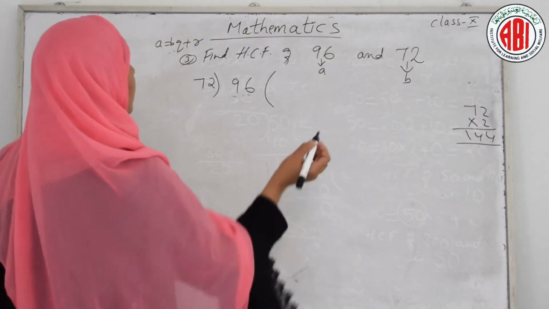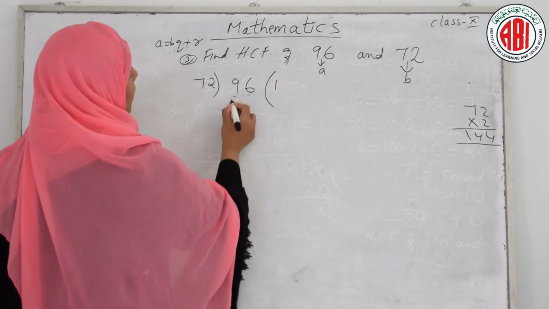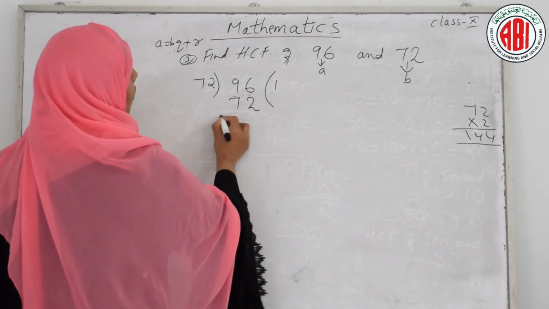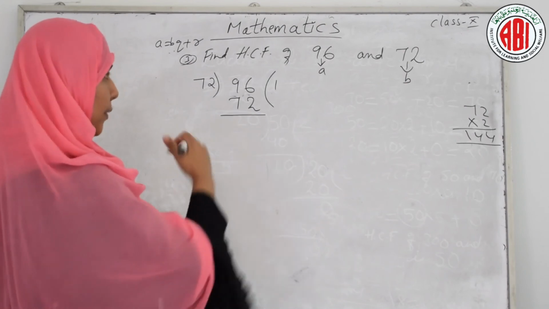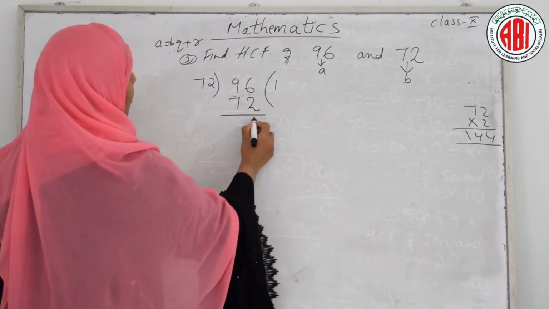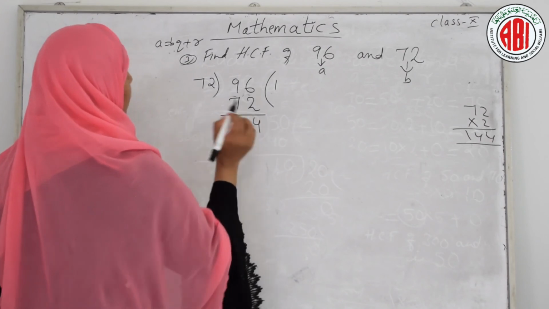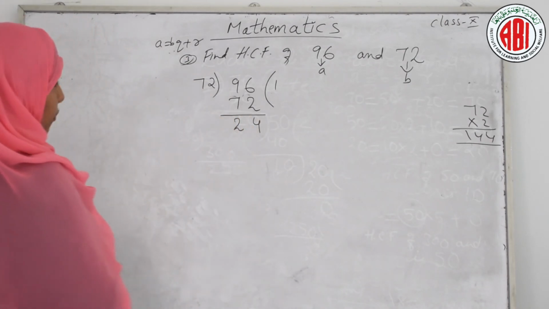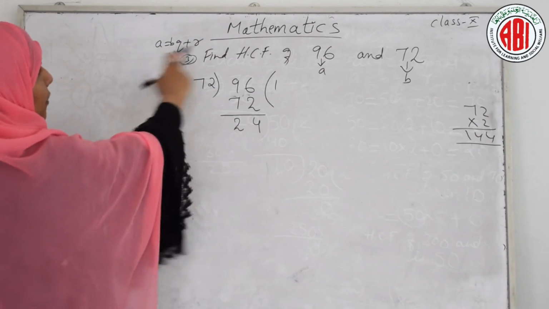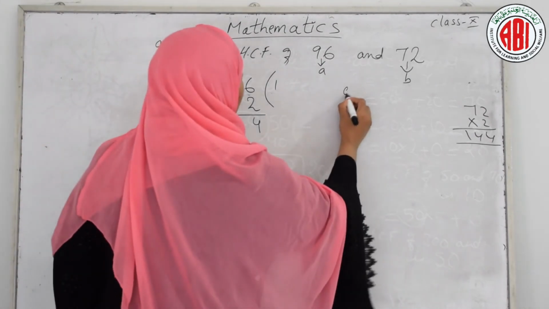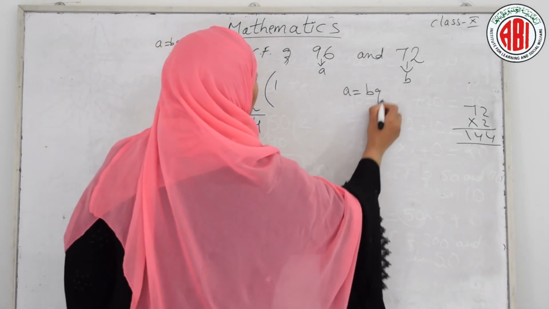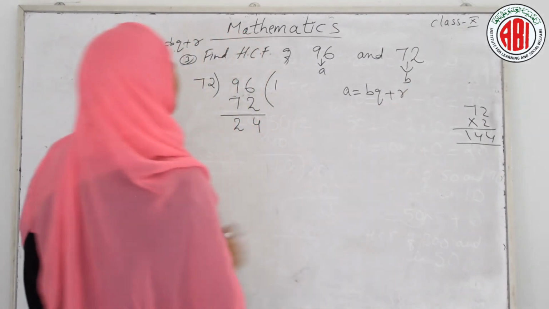So we take 72 ones are 72. Now subtract. 6 minus 2 is 4. 9 minus 7 is 2. Is it right? 24.